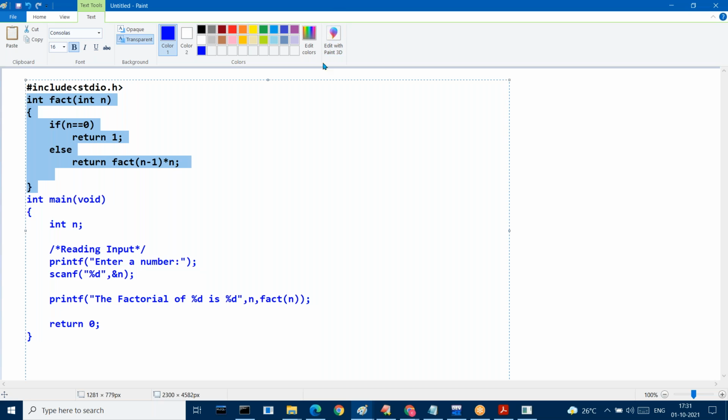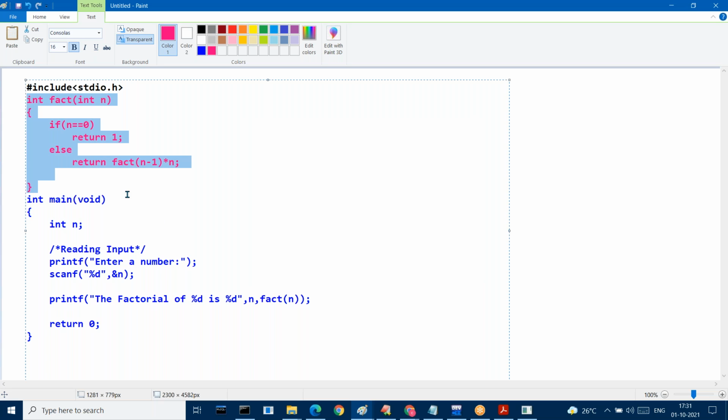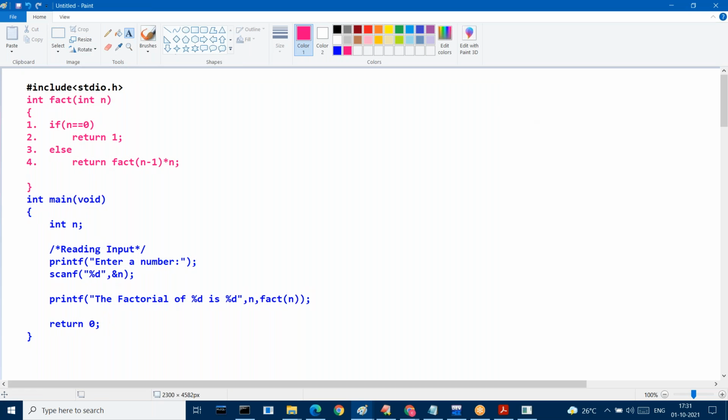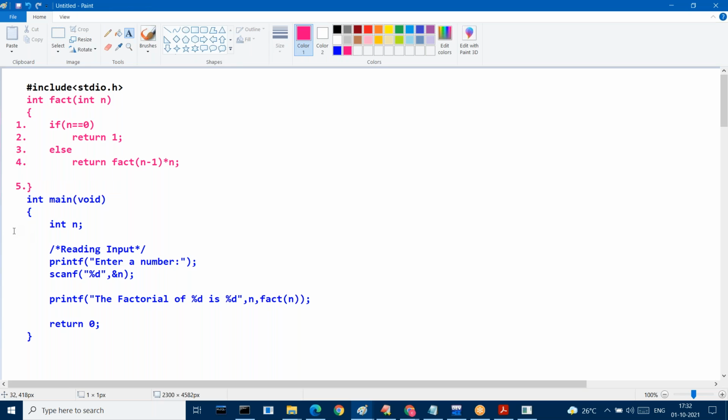This is the fact function. Now for both of them, I'm entering some line numbers: 1, 2, 3, 4, 5. Same way, here also I have line numbers.